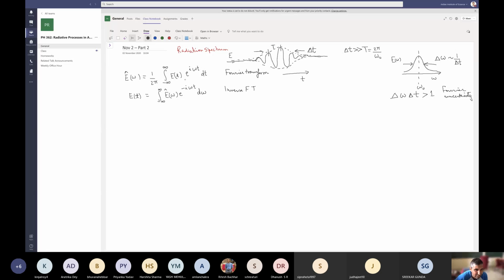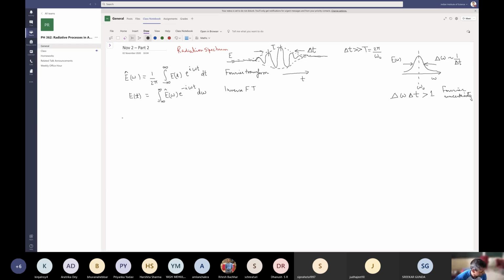There are useful relationships involving delta functions which help you prove all this. Is there anyone in the class who does not know the basics of Fourier transforms? It's very, very important. If you don't know it, you should brush up at least the simple aspects of it.